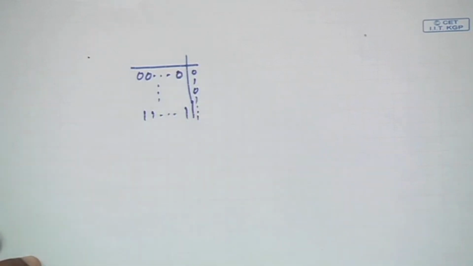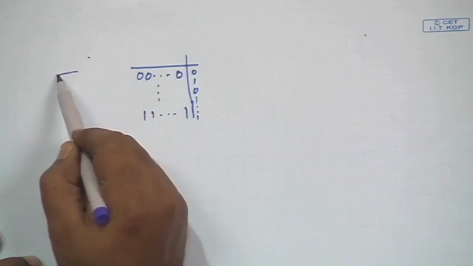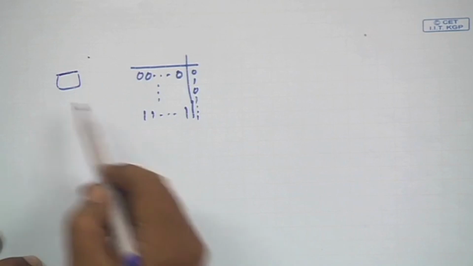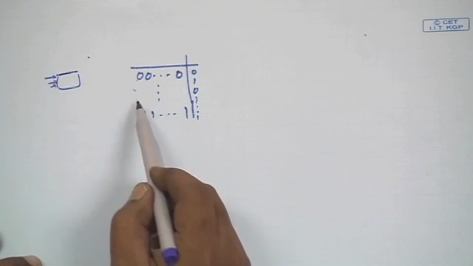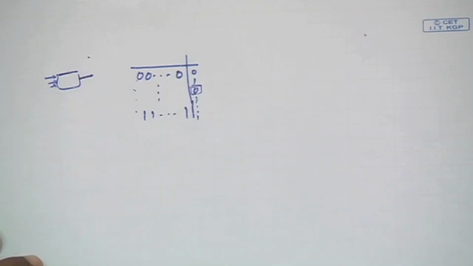So, what is the output there? Now, if this is the logic block for which this is the truth table, we can check what is the input and try to match with one of them, and whichever matches we can take the corresponding value as the output.